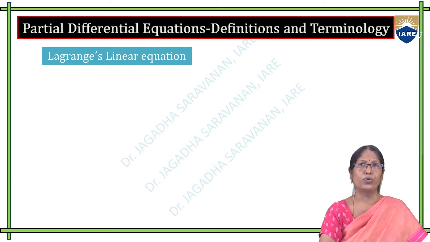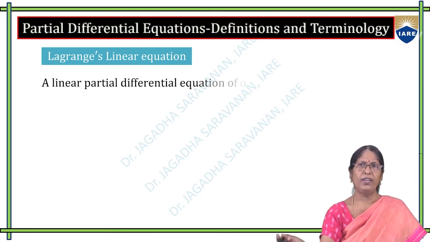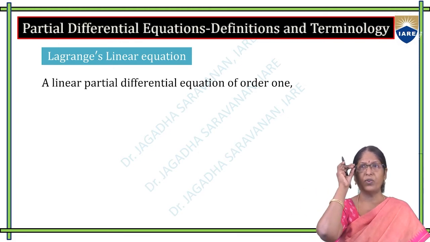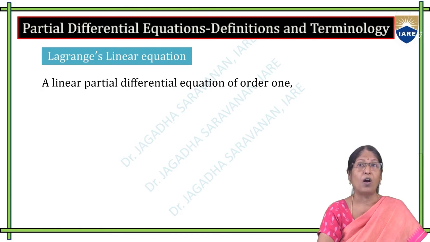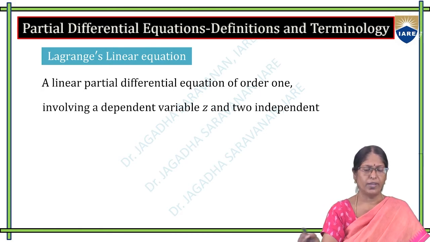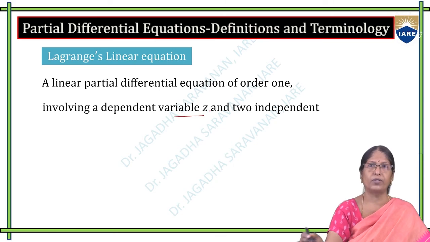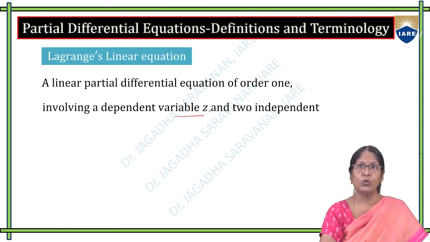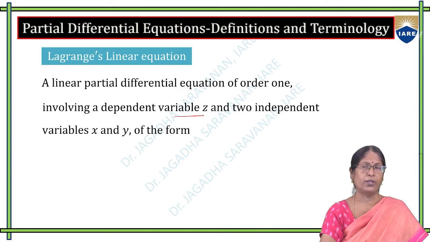Next, we will move to Lagrange's linear equation. A linear partial differential equation of order 1 involving a dependent variable z and two independent variables x and y. So compulsorily, it should have some form.